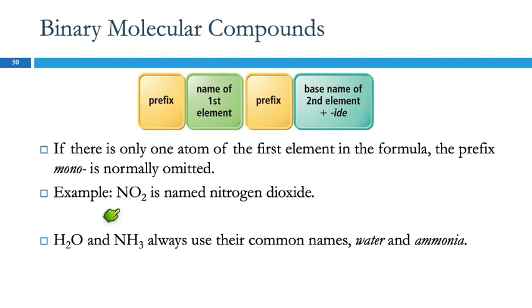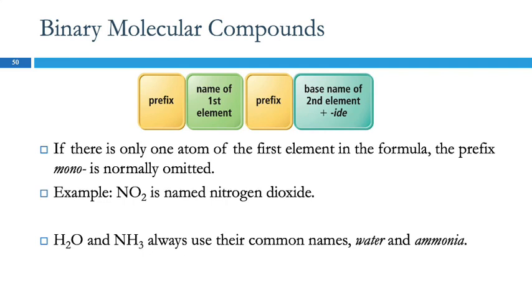But if we look at this one, NO2, well, the first element is nitrogen. And if you're going to put a prefix on it, it would be mono-nitrogen. But we usually skip that. And then the second element is oxygen in a relationship, so it's oxide. And because there's 2, it's dioxide. Okay?